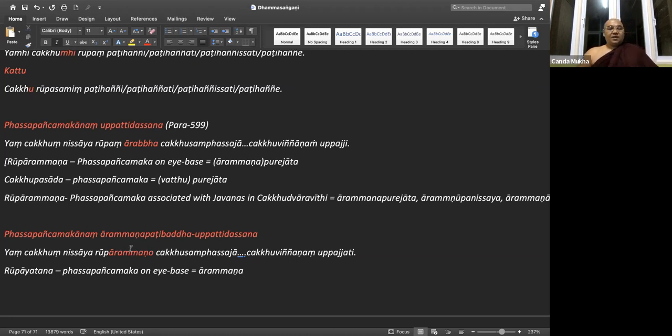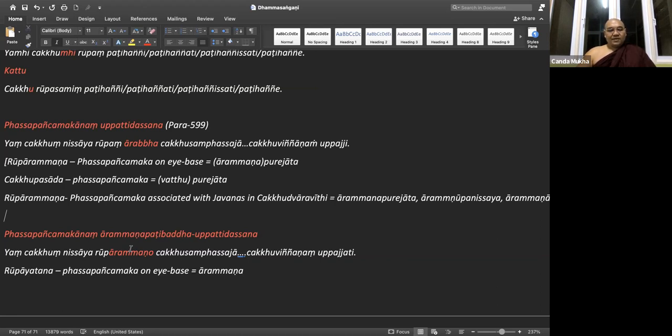Yang Jakho Nesaya: depending on the eye sensitivity, the Jakhu Samphasa, which is tied to the visible object or is with the visible object, Upajati, arises. Not Phassa alone, but the Phassa which is tied with the visible object.